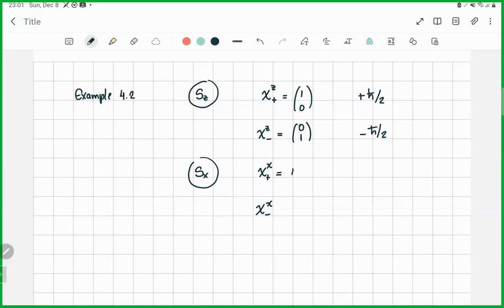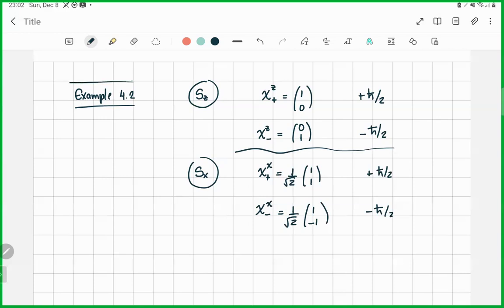It's 1 over square root of 2 times (1, 1), and 1 over square root of 2 times (1, minus 1). What are the eigenvalues? Same ones, plus h bar over 2 and minus h bar over 2. Okay, so let's start from this, that we already know that, and then we are going to try to solve this example.